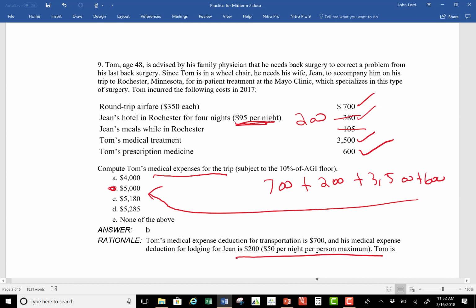Because it's for his medical care, if they filed separate returns, it wouldn't matter because it's on his return, right? Now I'm just trying to remember, do we have any limitations for married filing separate for medical expenses? I don't think so, right?